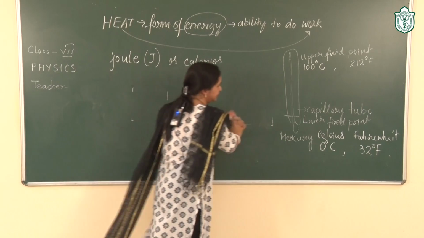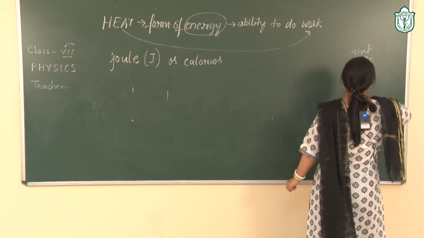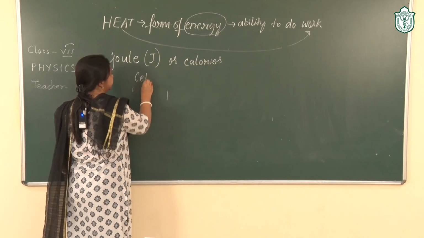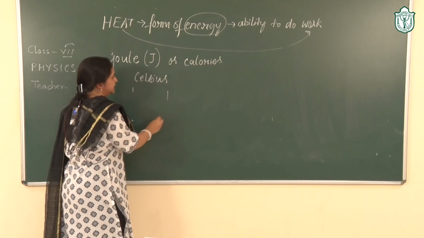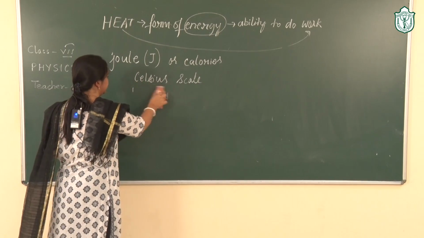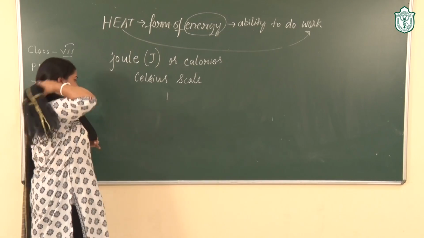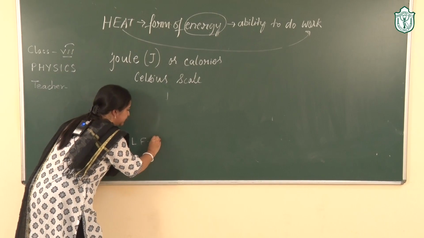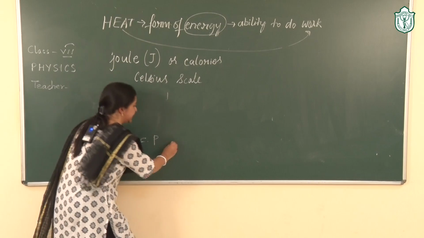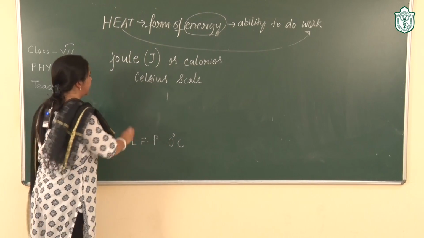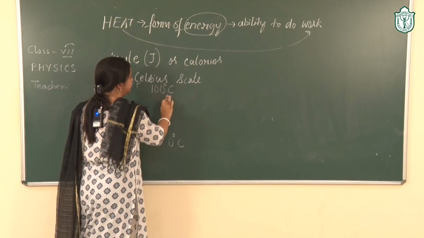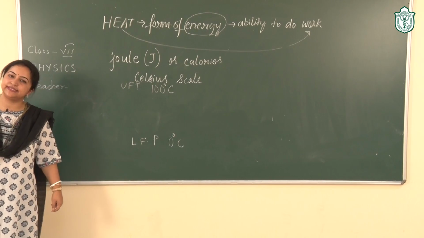Now, to study the scales of temperature, let's take each of the scales separately. Individually, we'll see them. Let's talk about the Celsius scale. In this scale, the lower fixed point, which corresponds to the melting point of ice, we take it as 0 degrees Celsius, and the upper fixed point, which corresponds to the boiling point of water, we take it as 100 degrees Celsius.